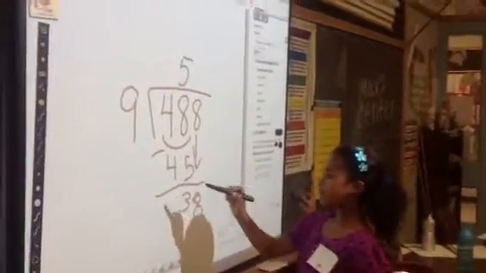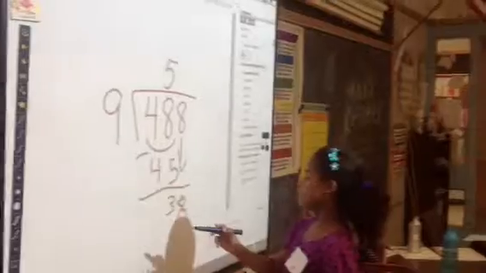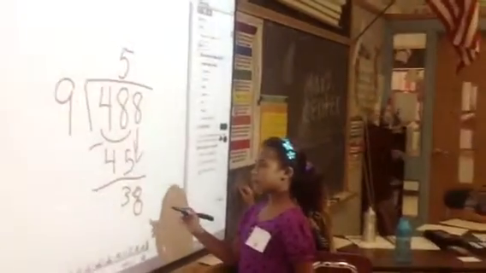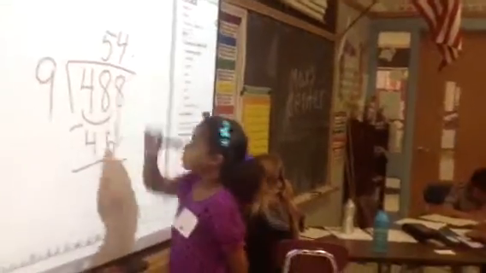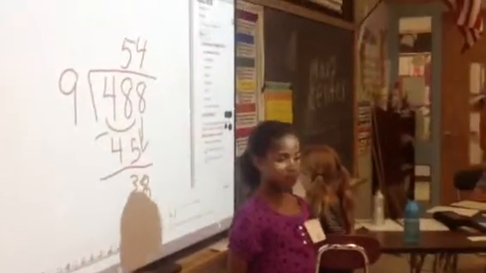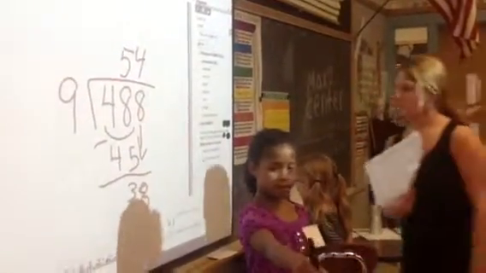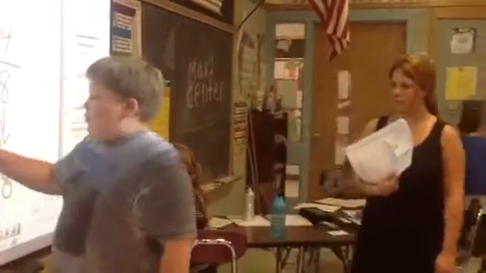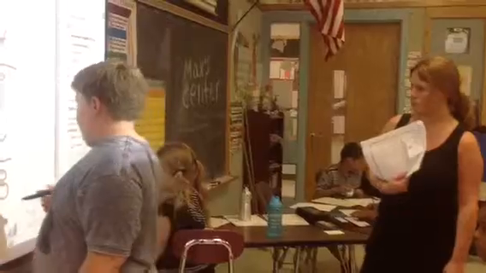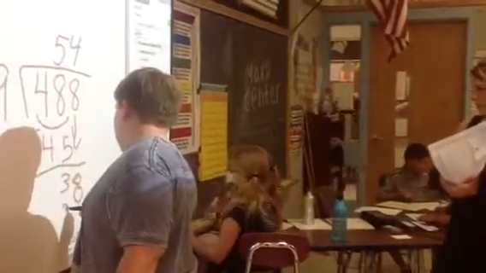Pay attention, because you don't know how quickly your stuff's going to come up. Right? 9 goes into 38, and it would be 4 times. Awesome. And again, I like how you're thinking out loud. 9 times 4, which is 36. That's why.